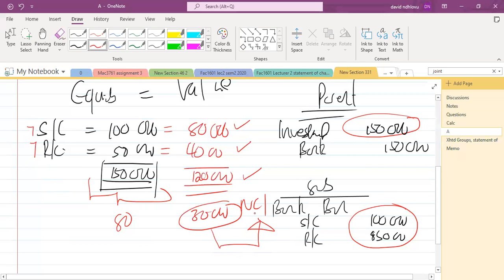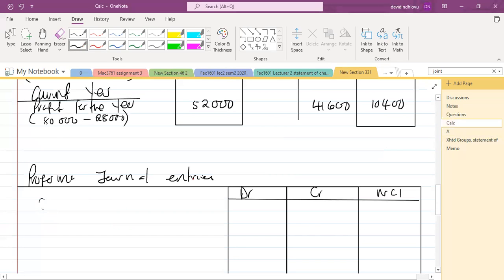So because of that, you must eliminate the whole value of share capital that was there on the day of acquisition. You must eliminate retained earnings that was there on the day of acquisition. Now, these things naturally carry a credit balance. By debiting them, you are actually eliminating them from the books.